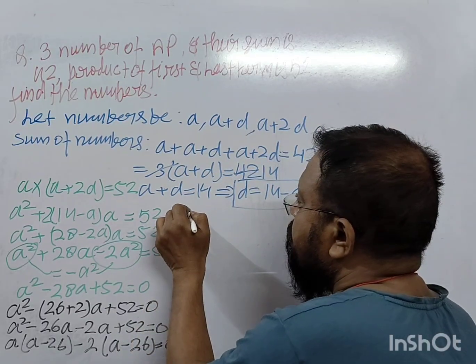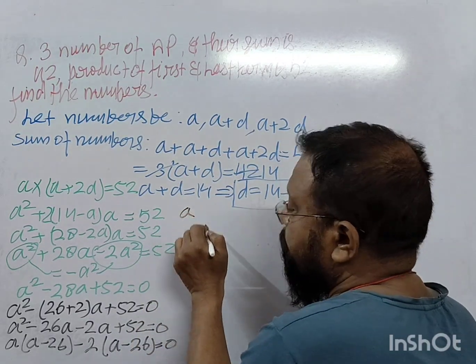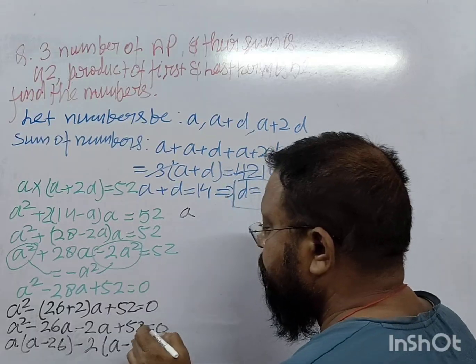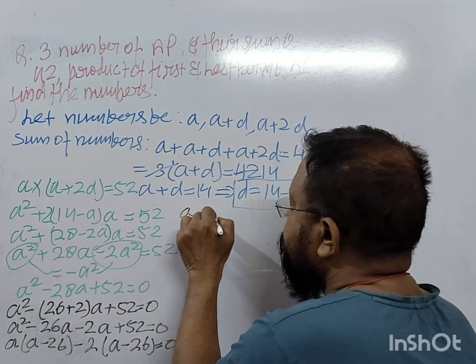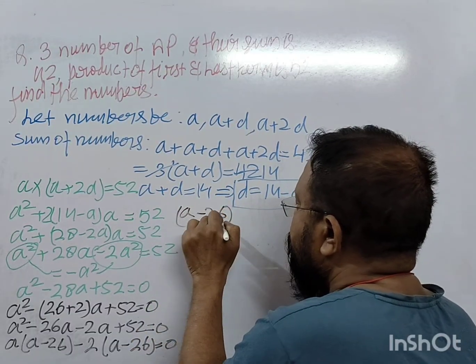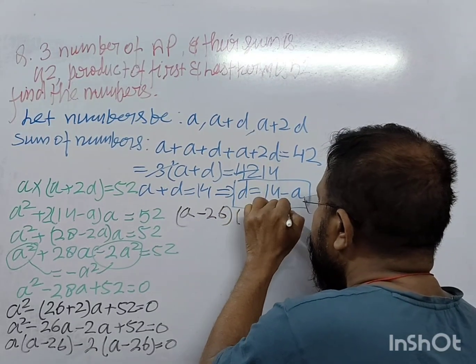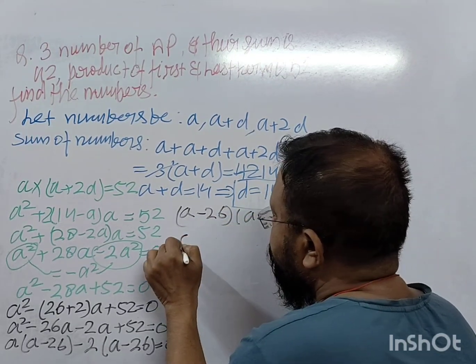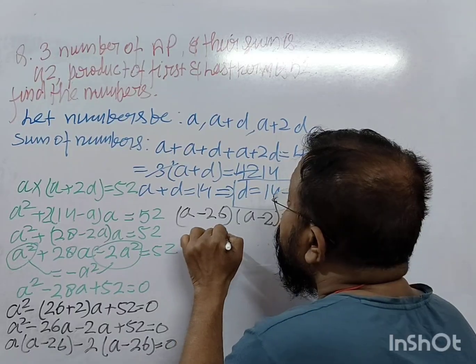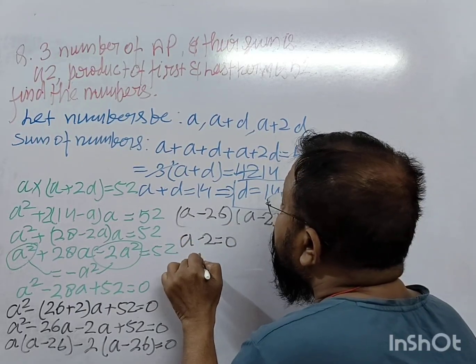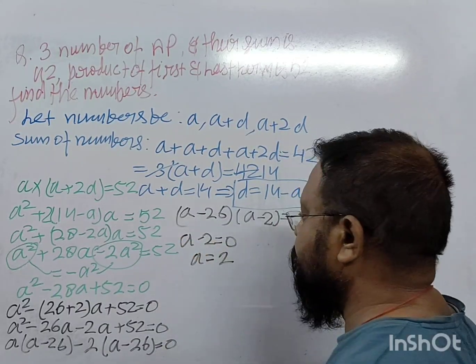So now a minus 26, a minus 2 is equal to 0. If a minus 2 is equal to 0, then a is equal to 2.